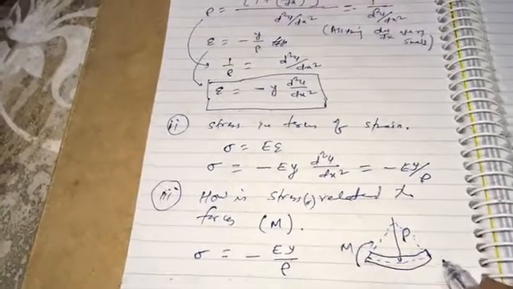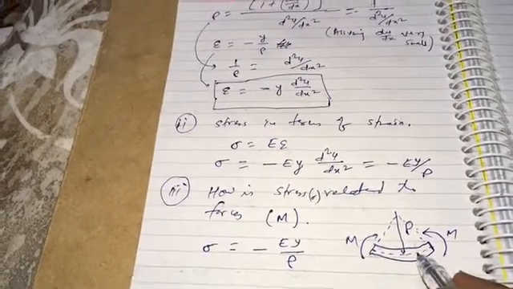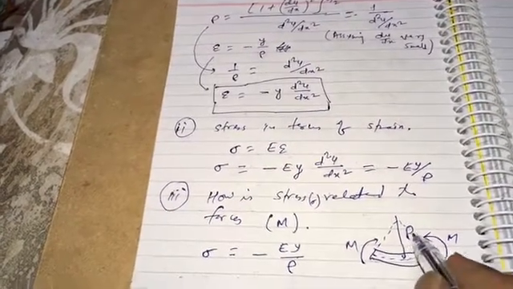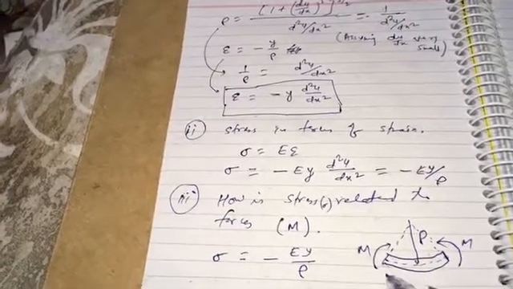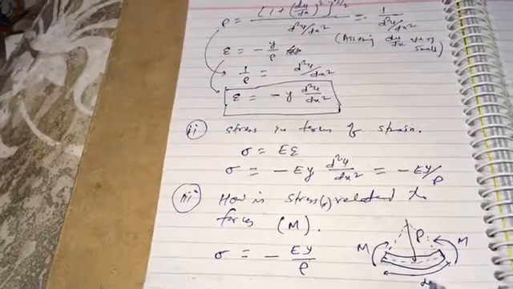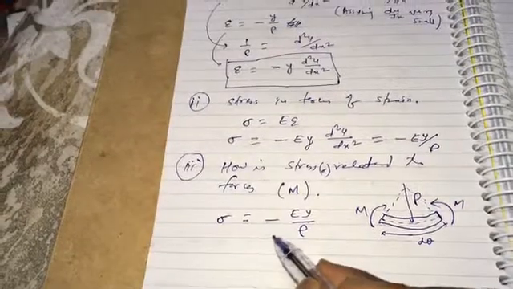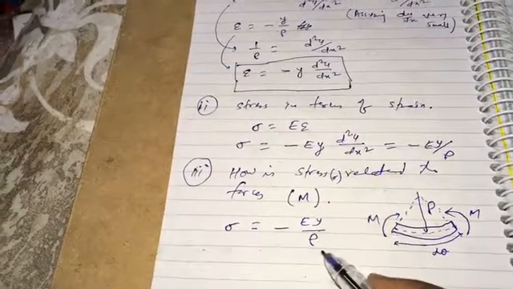So M is like this one. This M has resulted in bending of this, and this has a radius of curvature rho, and this is very small. From here to here, as I said, this is d theta. So if that is the case, the relationship will be sigma equal to minus E y over rho.